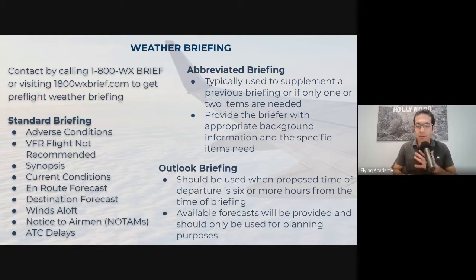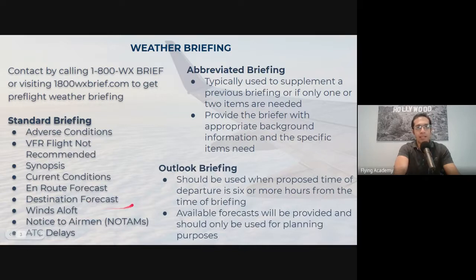That will give me a rough idea, but it is not going to be as accurate because it's all forecast conditions at that point. As you're getting closer to your departure time, you have to get a standard briefing, make sure you're legal, safe, and you can safely perform the flight.